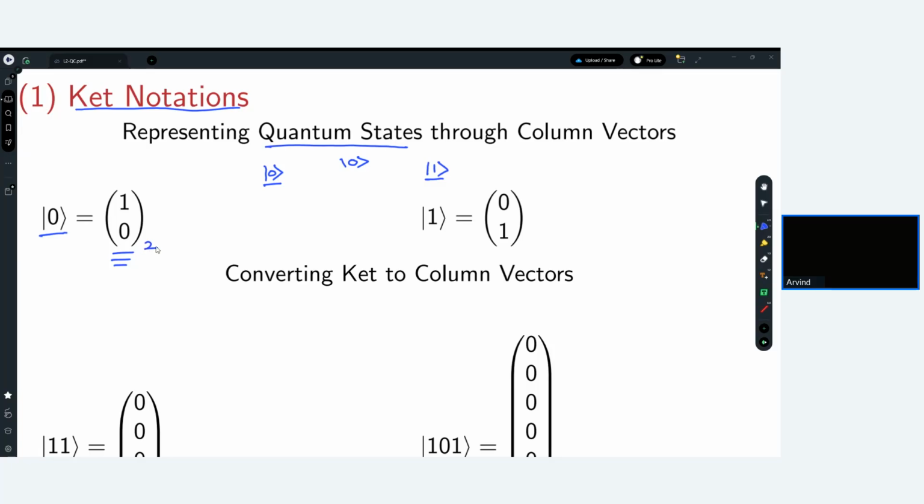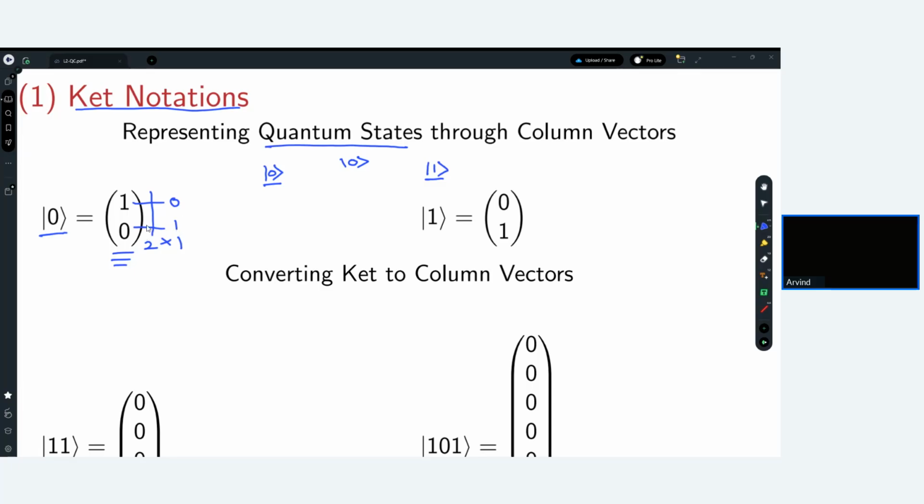This means that there are two rows and a single column. A column vector has only one single column. And in this column vector, there are two rows. This row is called the zeroth row, and this row is called the first row.